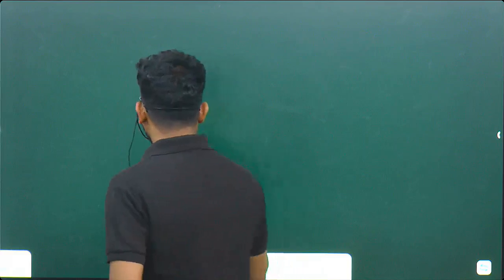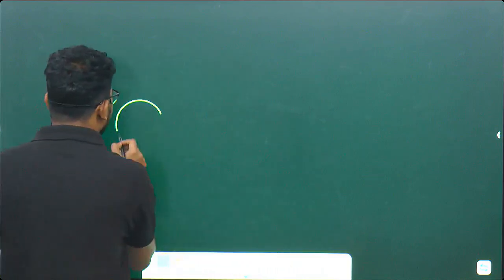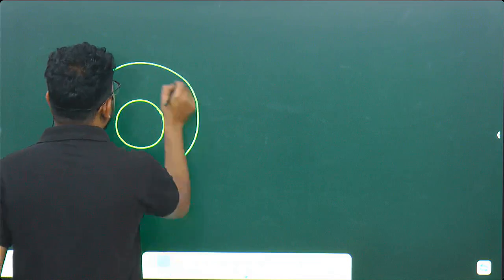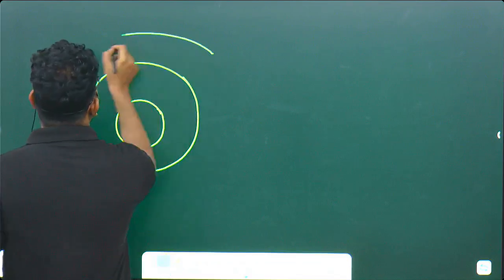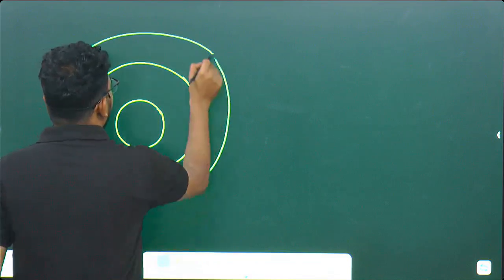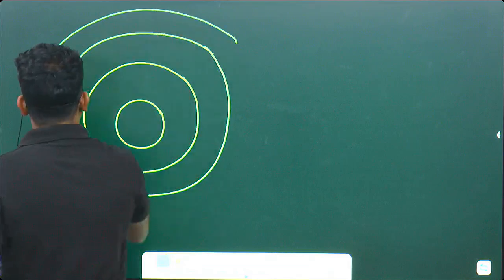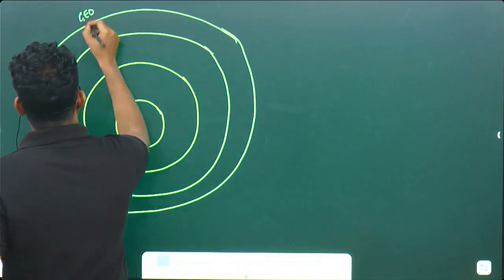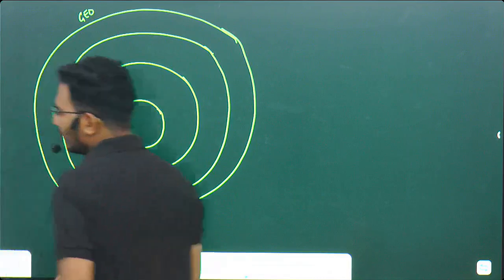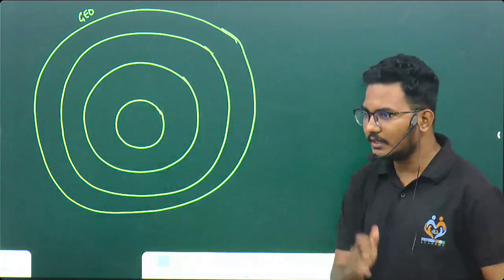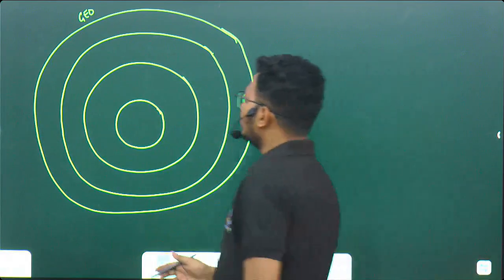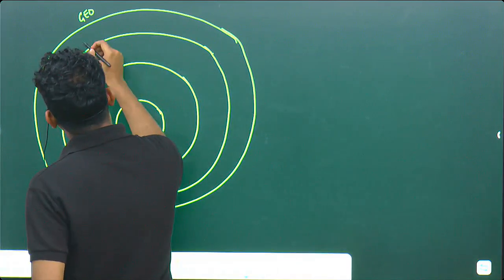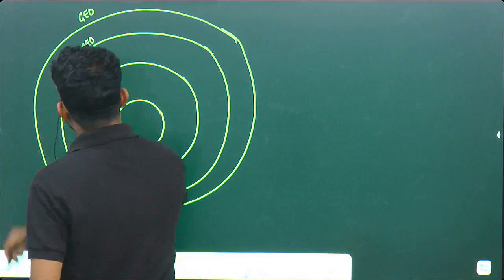So now we'll see this reason. Let's say this is Earth, and this is Leo, this is Mio, and this is Geo. Beyond this there will not be any gravitational pull, so here we'll see Leo, Mio, and Geo.